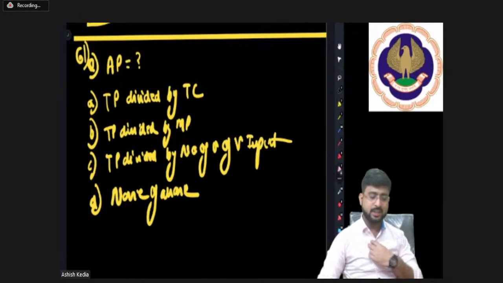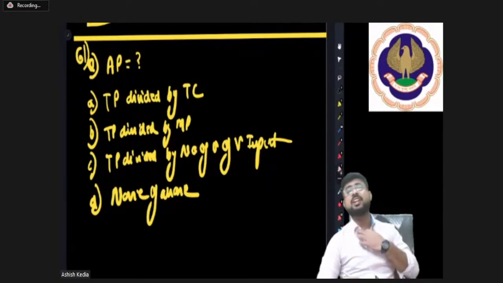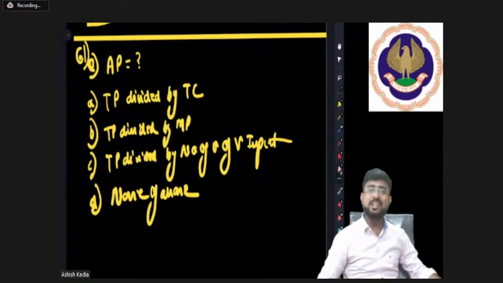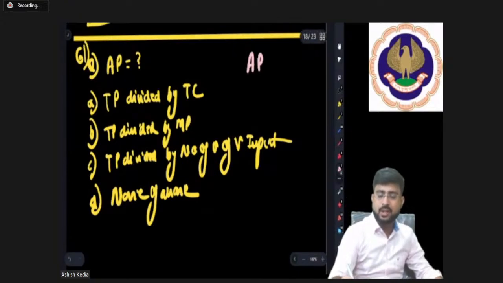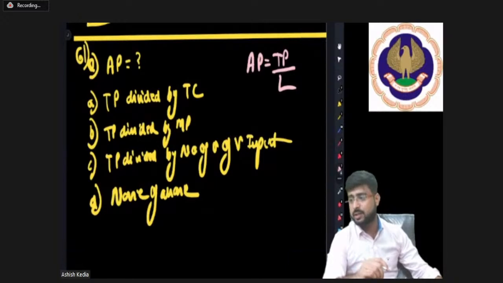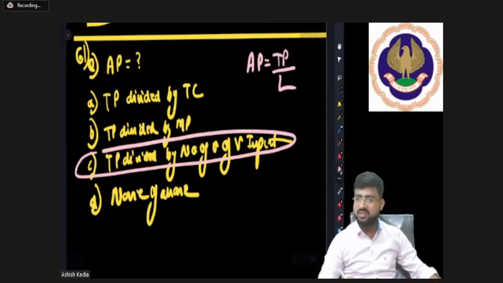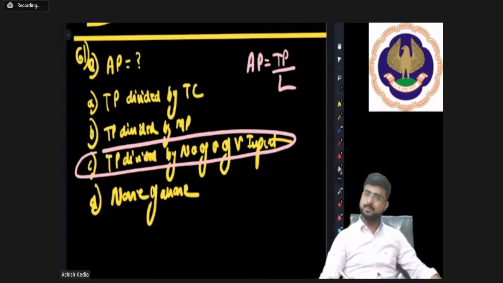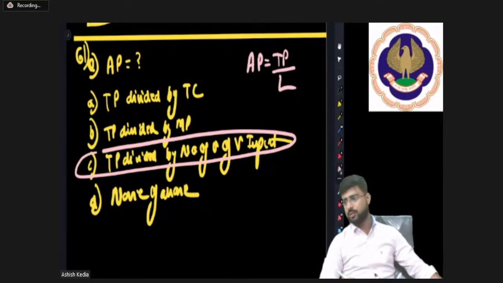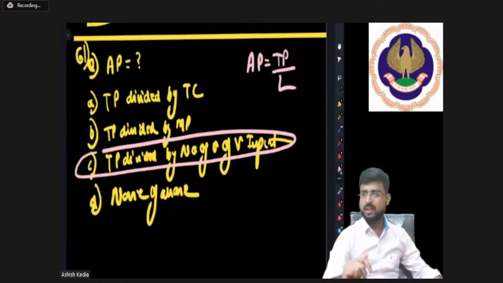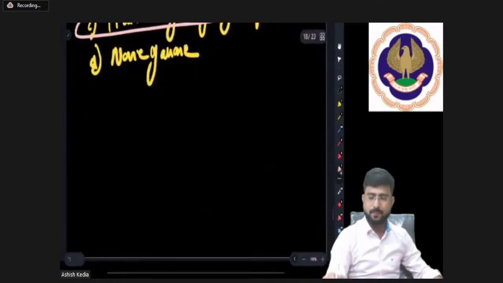So the answer is, we did it in the production chapter, average product is total product divided by units of labor, that is the input, the variable factor. So that is option C. That's correct. Option C is correct. Very good.